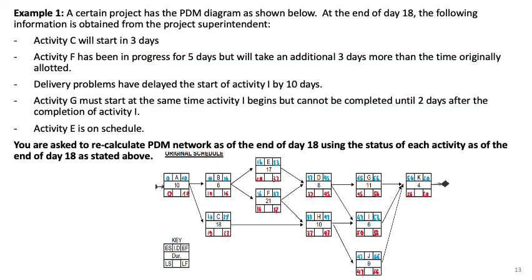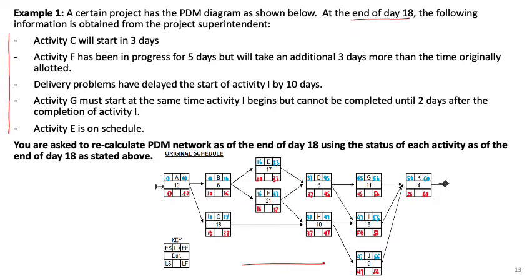All right, so now let's do one example on schedule updating. So in this example, what you have to do is to update the schedule for this original plan, and at the end of day 18, you got a lot of information from the superintendent.